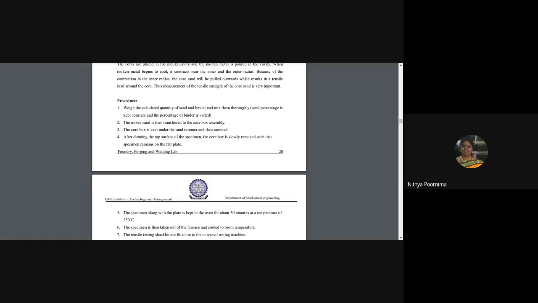In this also you can do the experiment in two ways. One, sand percentage will be kept constant and the percentage of binder is varied. The other version is also possible, but we are sticking to this experiment in which sand percentage will be kept constant and the percentage of binder is varied.